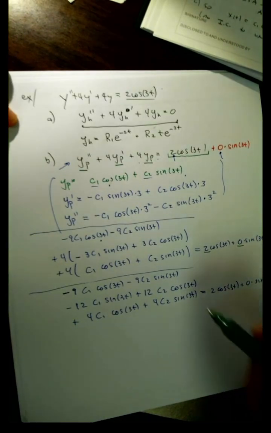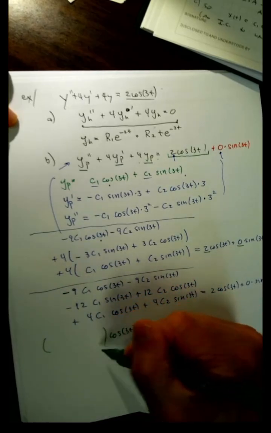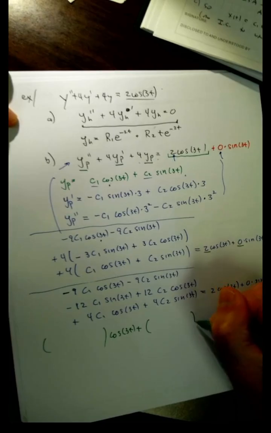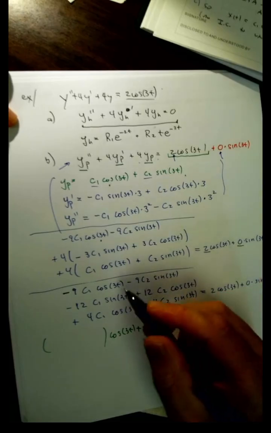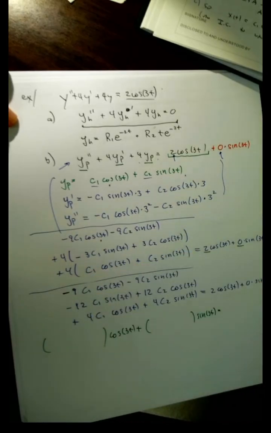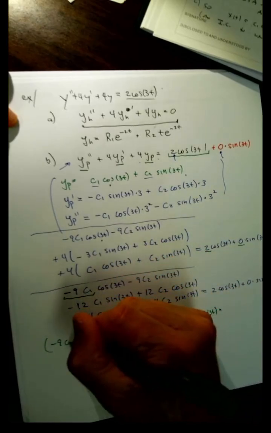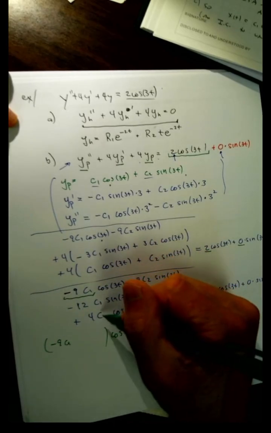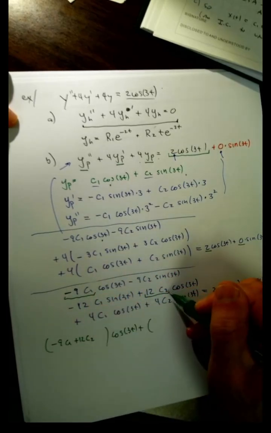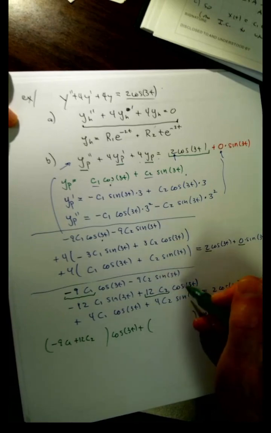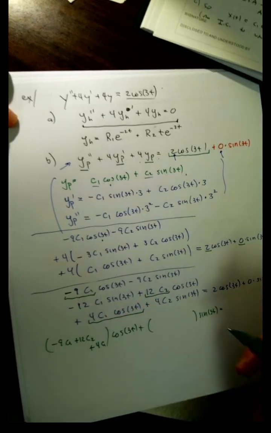All right, so I'm just going to add up stuff. So I've got minus 9c1 cosine 3t. And here I have a plus c2 times 12 cosine 3t. And here I've got a plus 4c1.